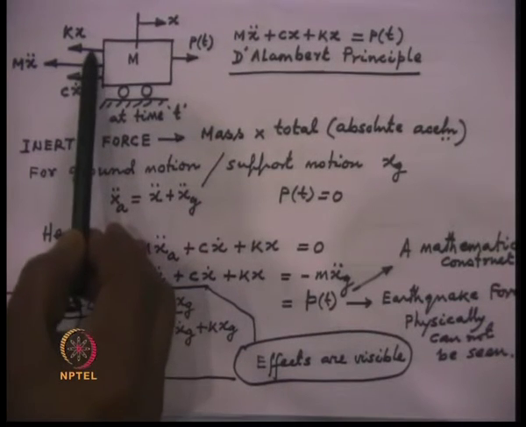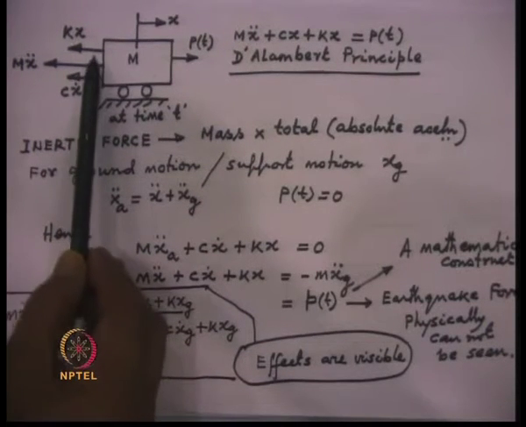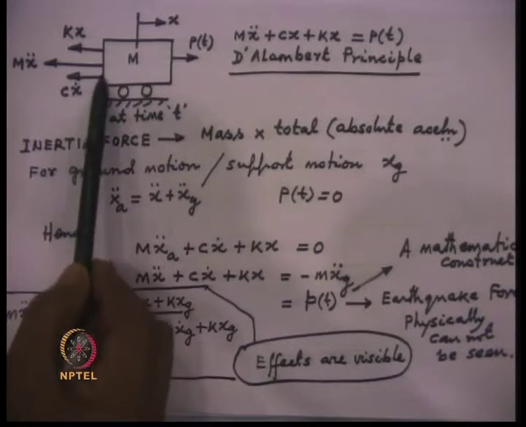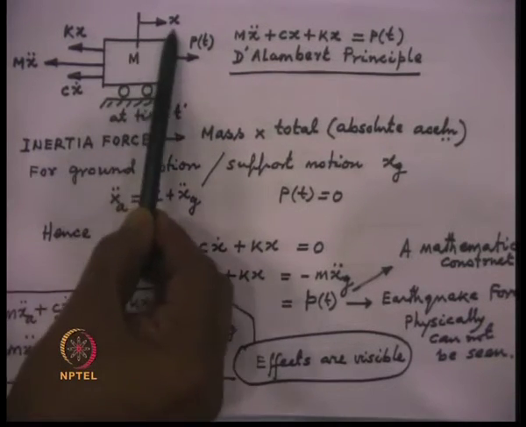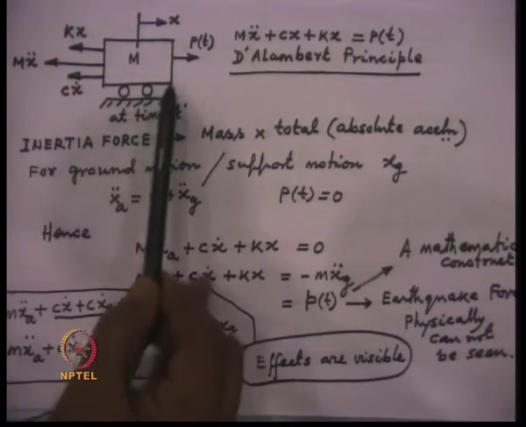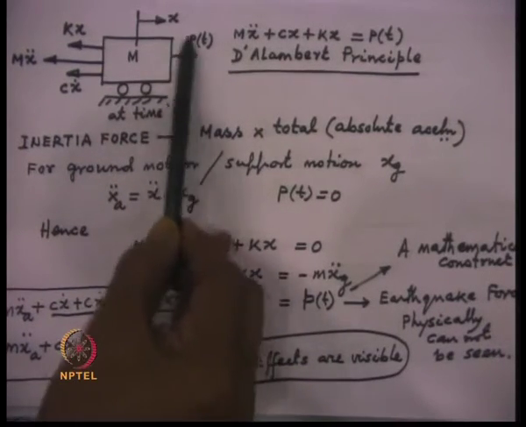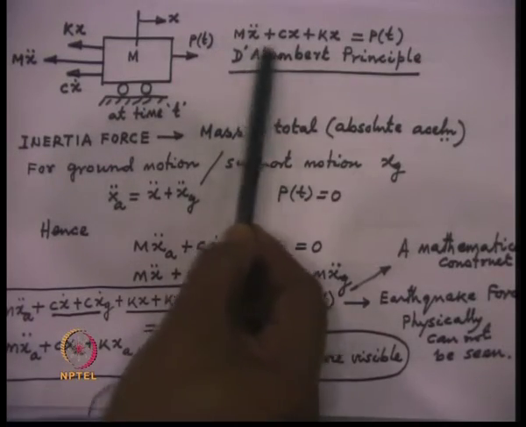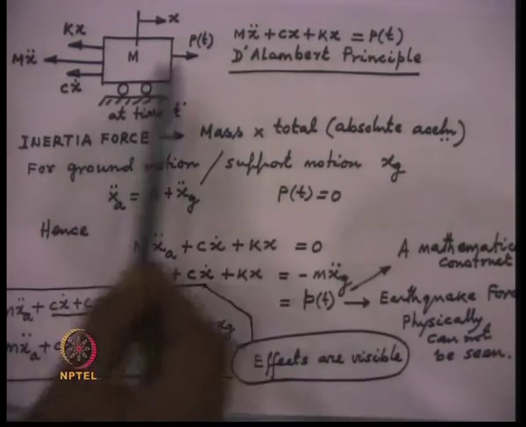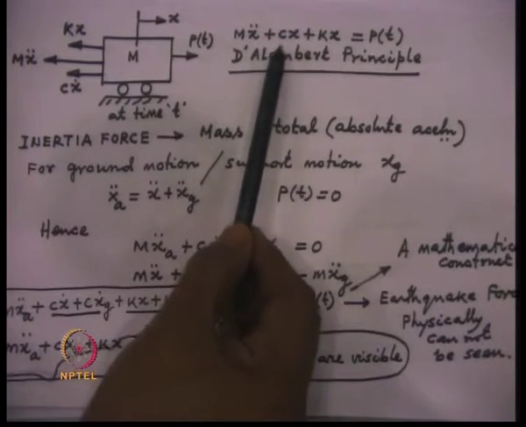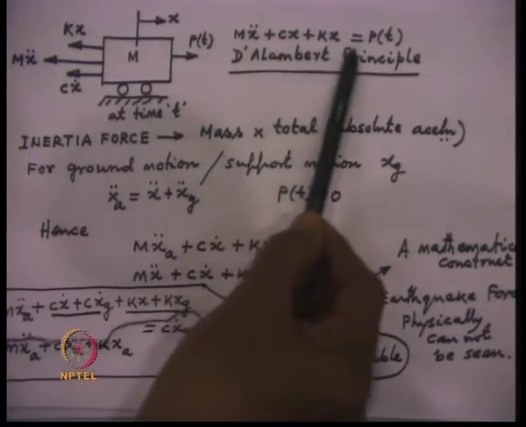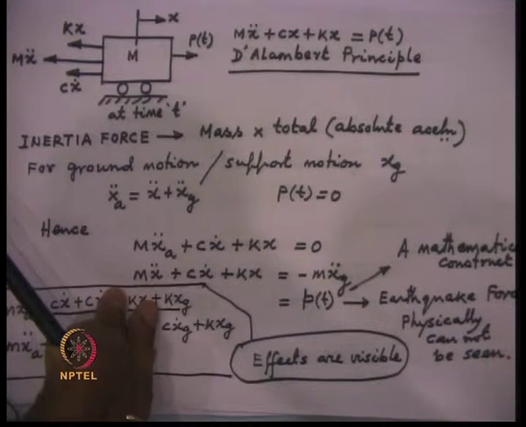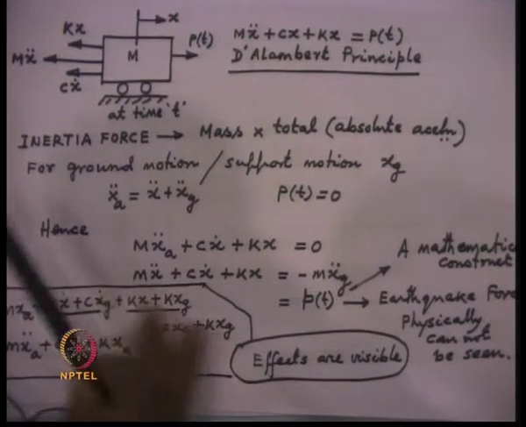So, all the three quantities, that is the restoring force, the inertia force and the damping force, are acting opposite to the direction of the motion, and in the direction of motion the dynamic force is acting. Therefore, one can write down this simple equation, that is mx double dot plus cx dot plus kx is equal to P(t). This follows from D'Alembert's principle, which is well known to all of you.